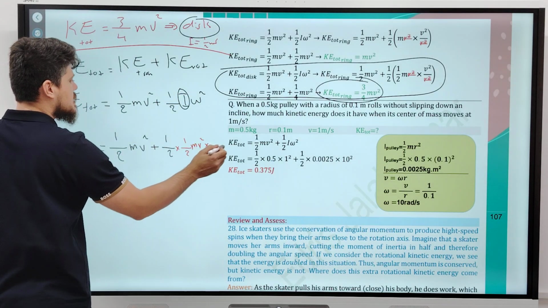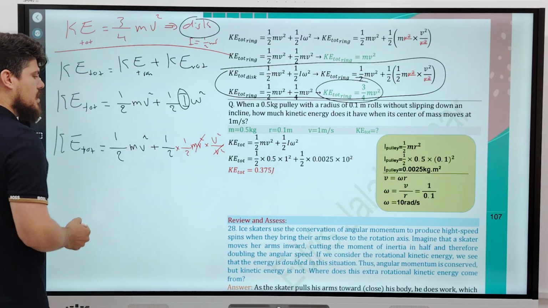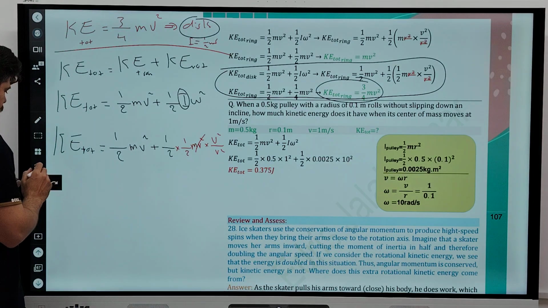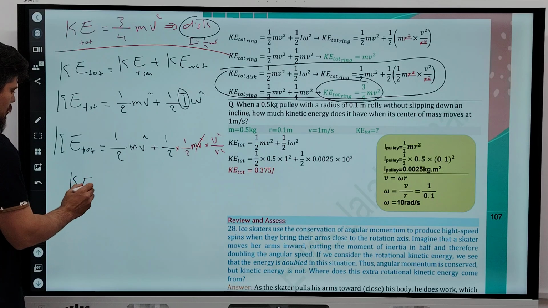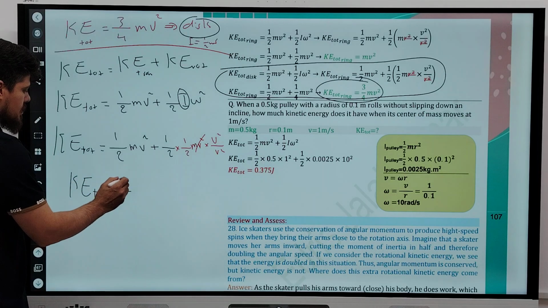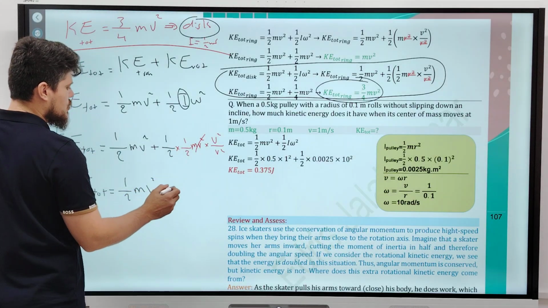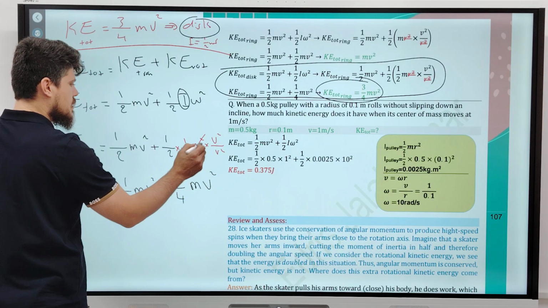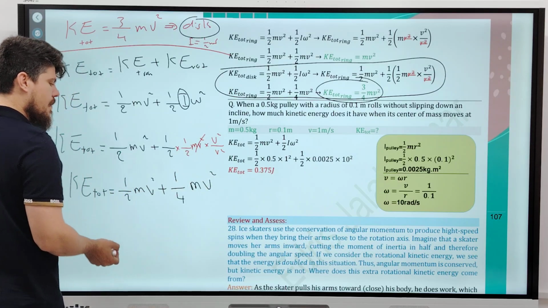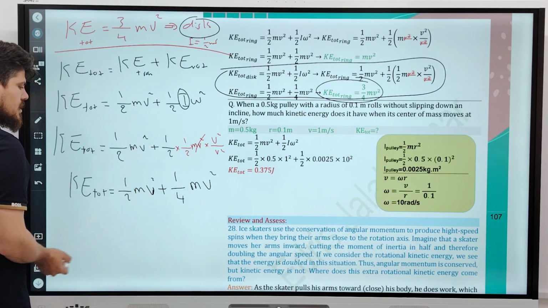And times omega squared, which is equal to v squared over r squared. r with r cancel. What remains? Total kinetic energy for the disc is equal to 1 over 2 mv squared plus 1 over 2 times 1 over 2, which is 1 over 4 mv squared. Why? Because r with r cancel. 1 over 2 plus 1 over 4, because they have the same term.